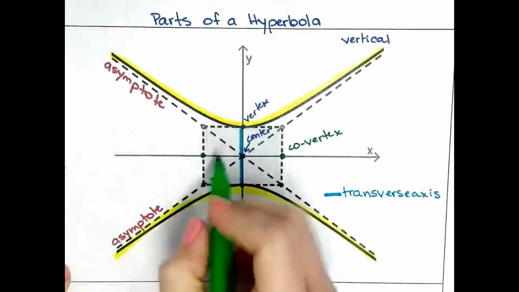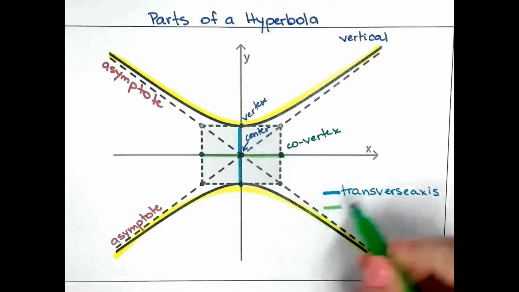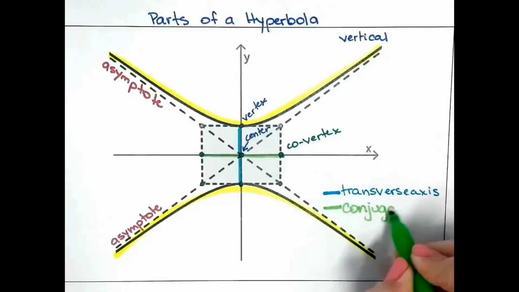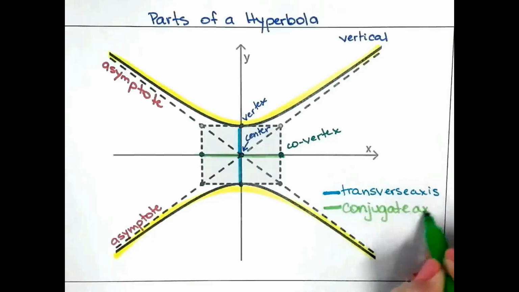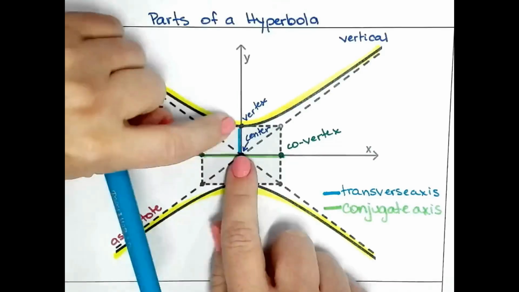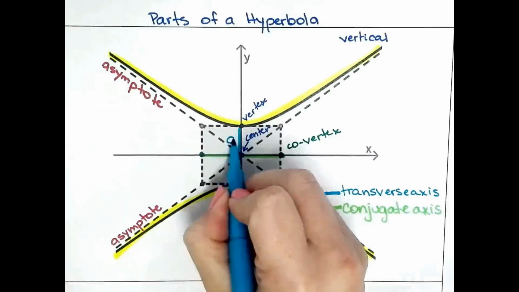So now from one covertex to the other covertex is the conjugate axis. The distance from the center to the vertex is A. Same thing from the ellipse.